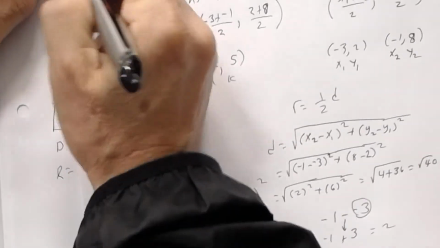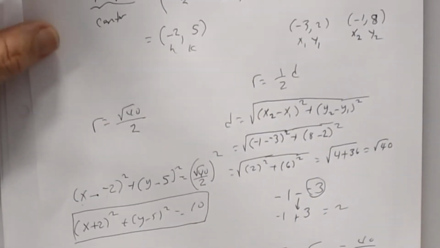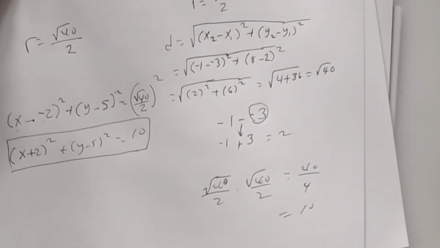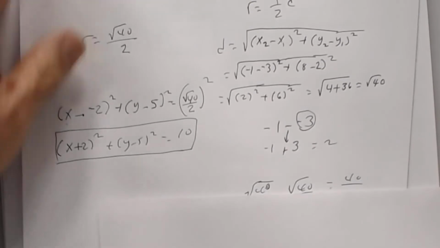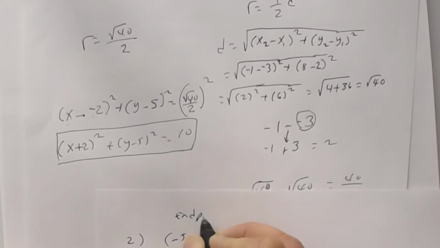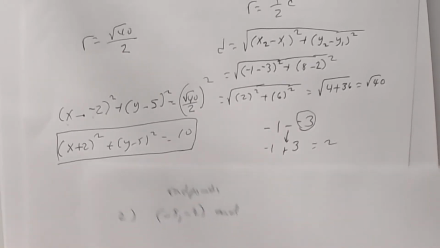Okay, so that was number 1. All right, let's go to number 2. All right, let's suppose this time the endpoints are these. So let's say it's -5, -2, and now these are the endpoints. Same directions.